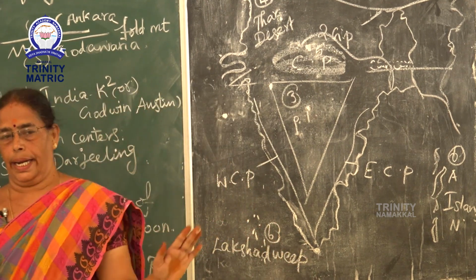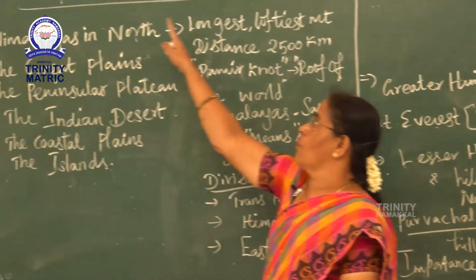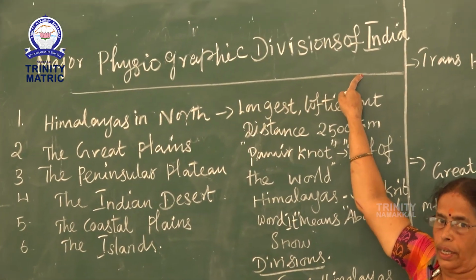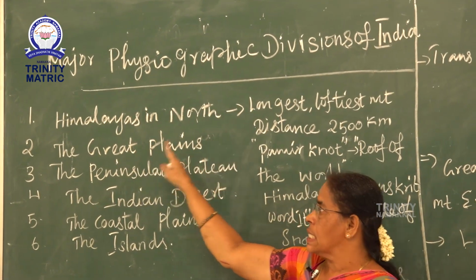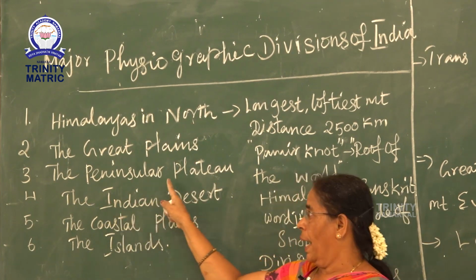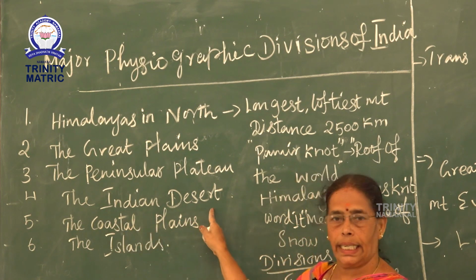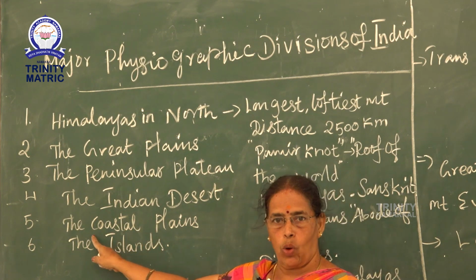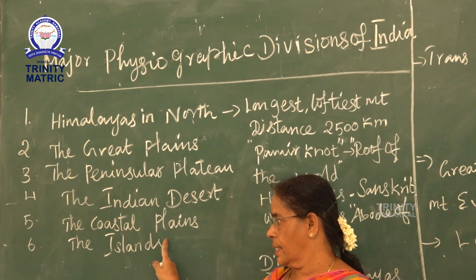Again, I will repeat it. Major physiographic divisions of India. Number 1, Himalayas in the north. Second, the Great Plains. Third, the Peninsular Plateau. Fourth, the Indian desert. Fifth, coastal plains.